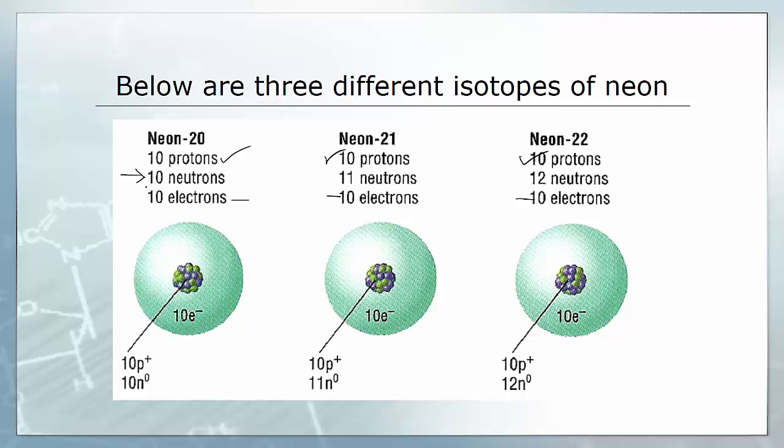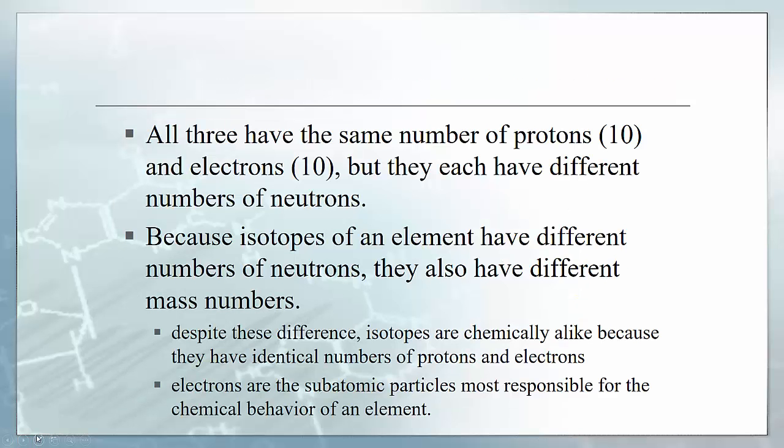Again, the number 20, 21, or 22 refers to the mass number. And so this is what it looks like. Each of the nuclei looks a little bit bigger as we go on. All 3 of these have the same number of protons, which is 10, and the same number of electrons, which is 10, but different numbers of neutrons.